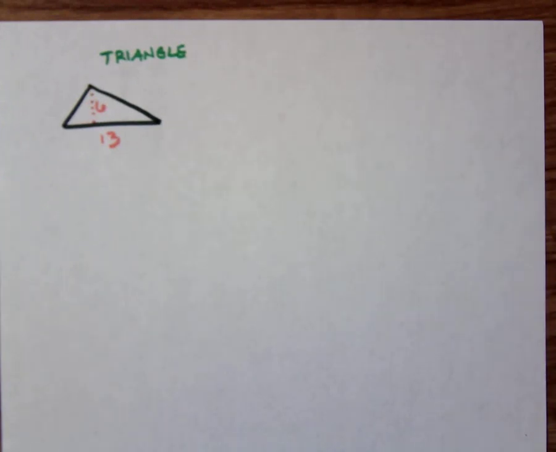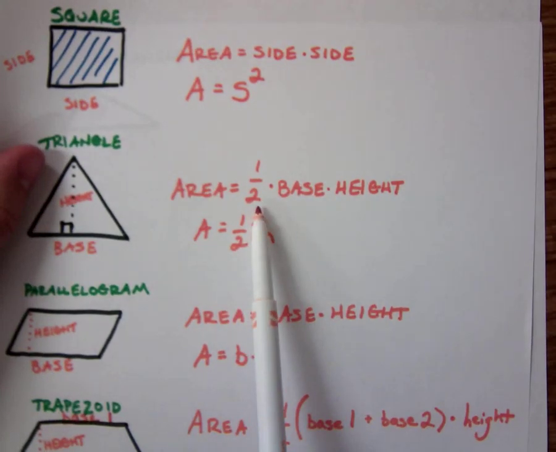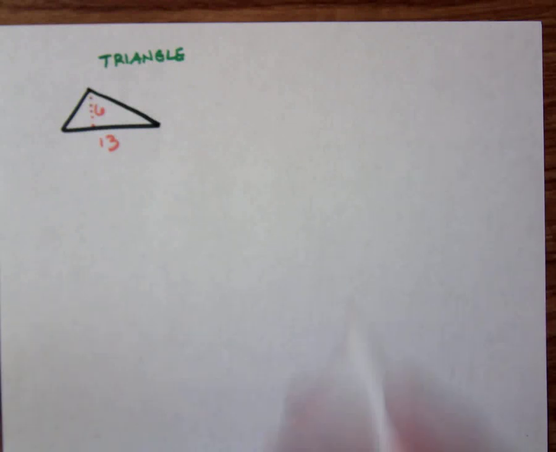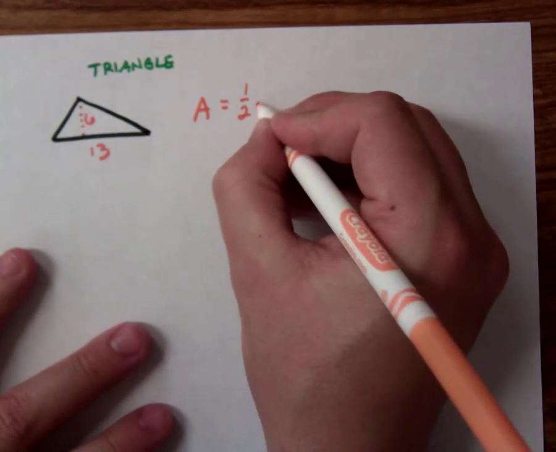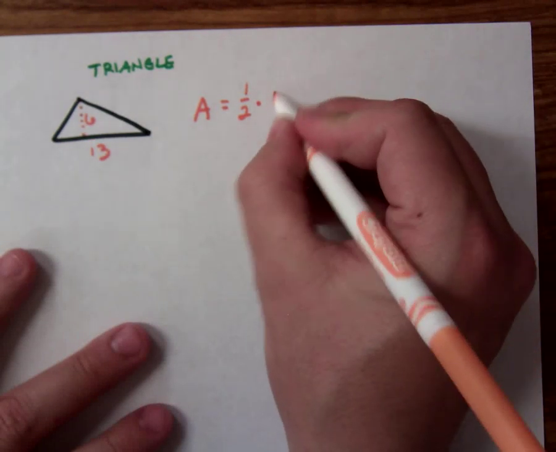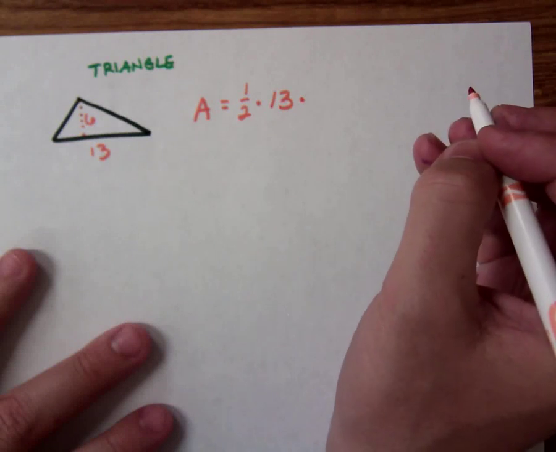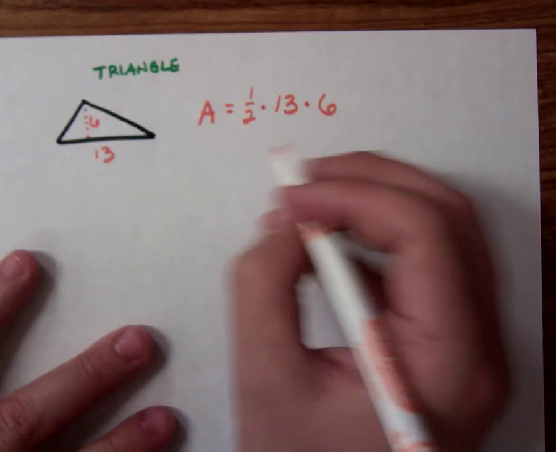Well, if you go back to our formula for the area of a triangle, the area of a triangle is 1/2 times the base times the height. So my area is going to be 1/2 times, what's the base? 13 times the height, 6. So half of 13 times 6.